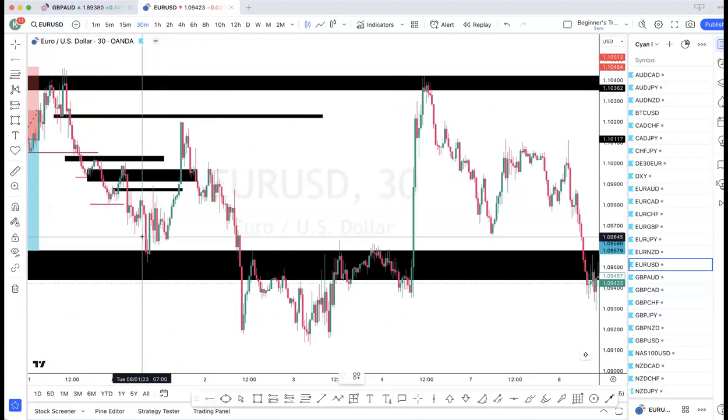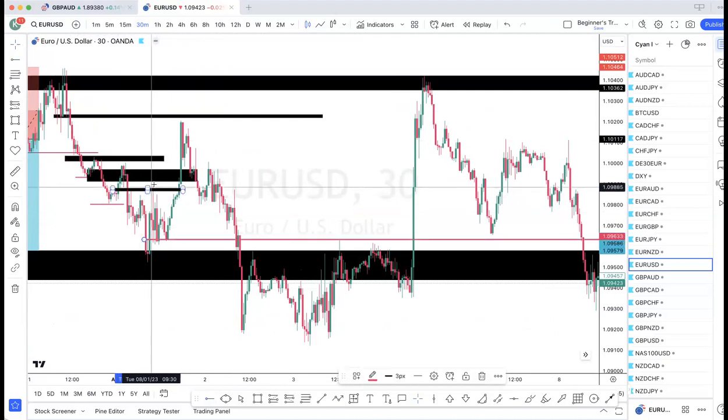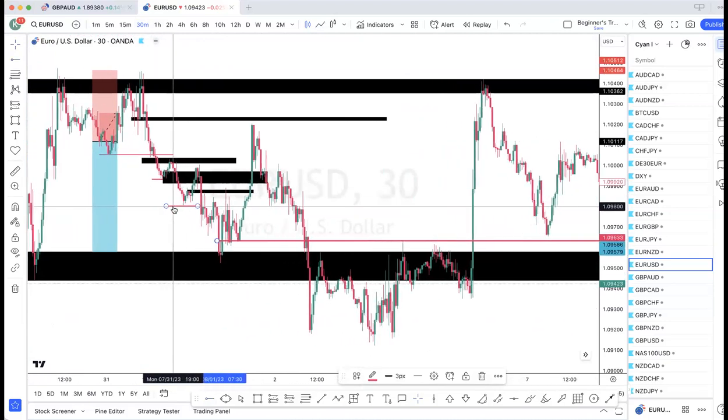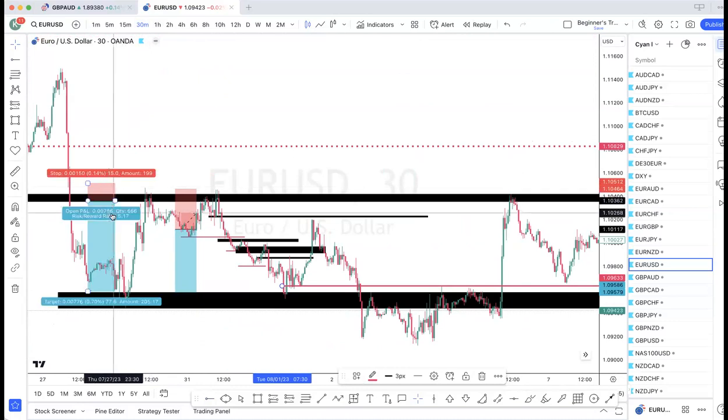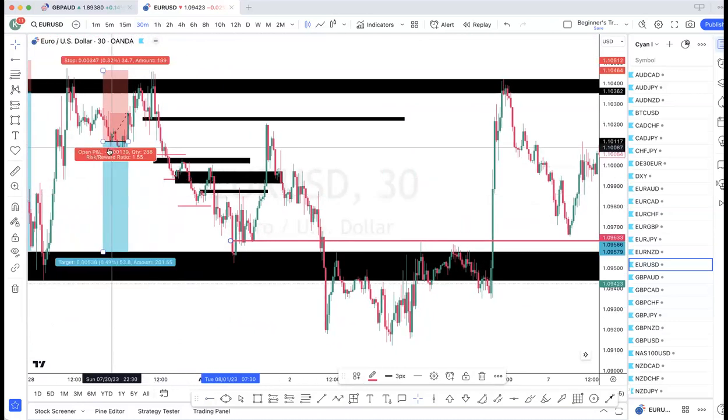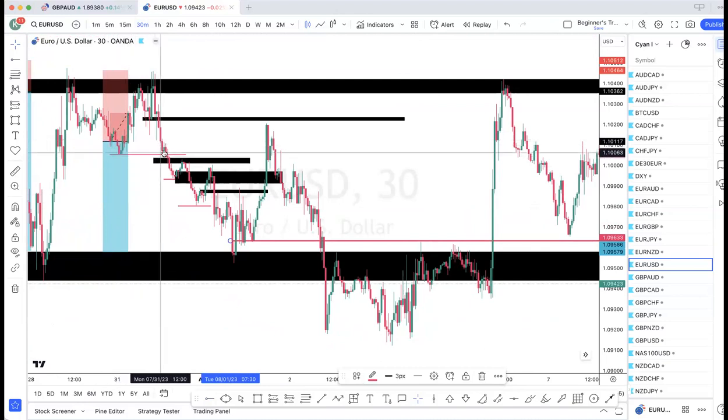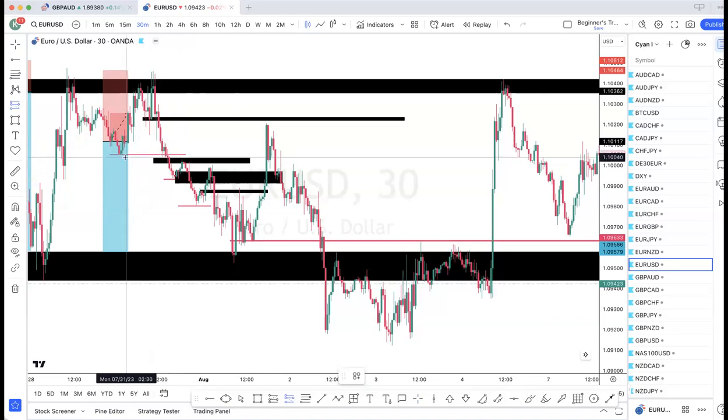You see that? I see it. Mm-hmm. So that would have been one entry after this break. This would have been the second entry right here.